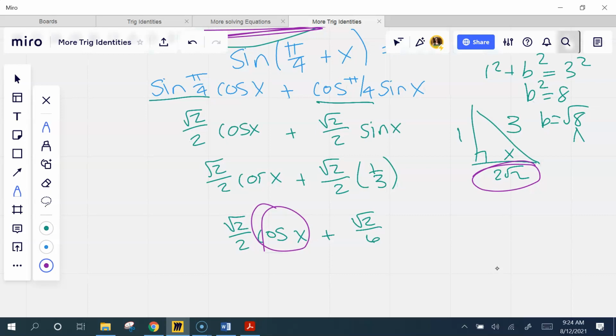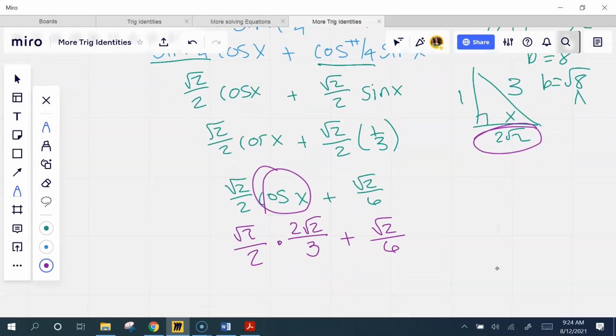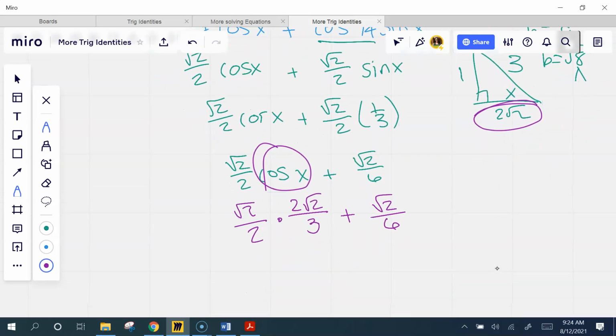So what's the cosine of x? 2 root 2 over 3. And to that, I'm adding square root of 2 over 6. Okay, so on the top, I can cancel these 2's out, right?